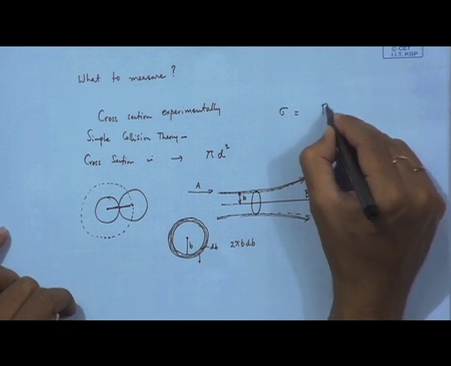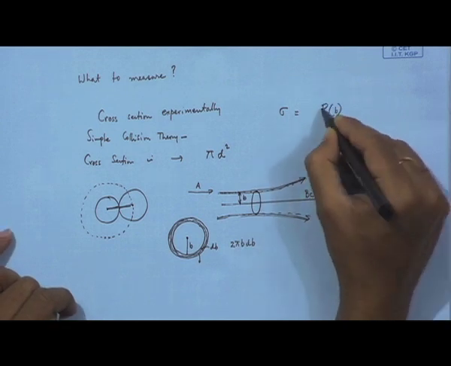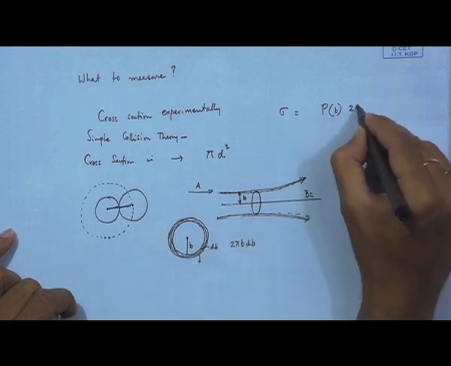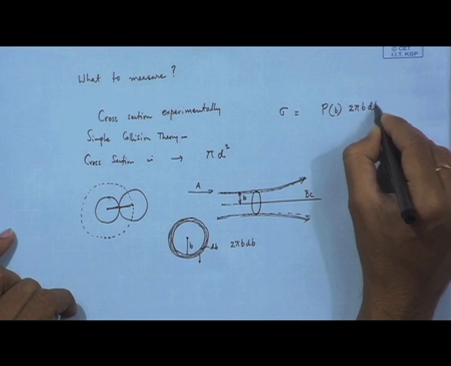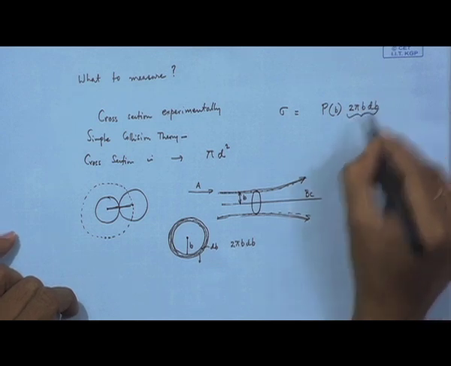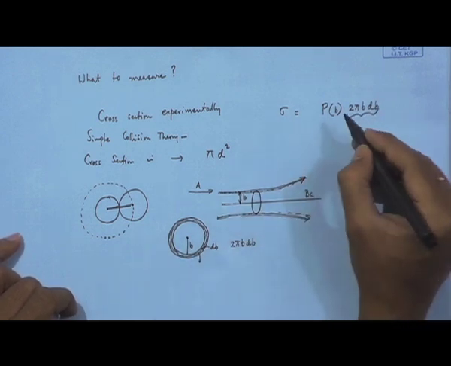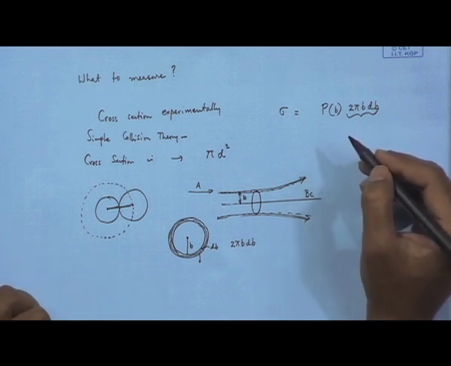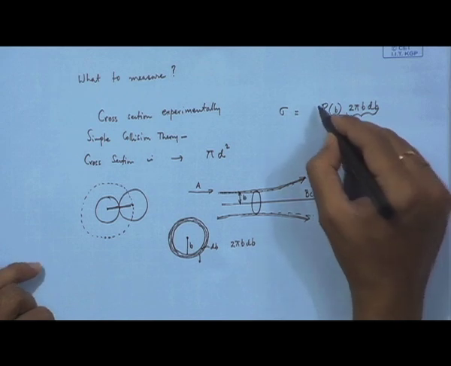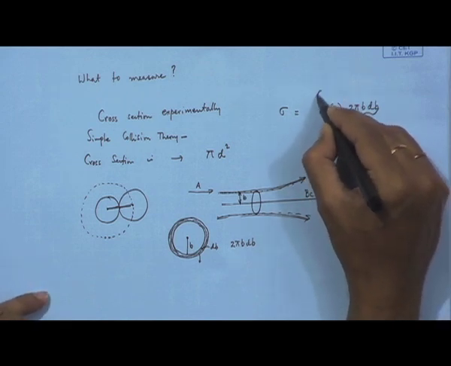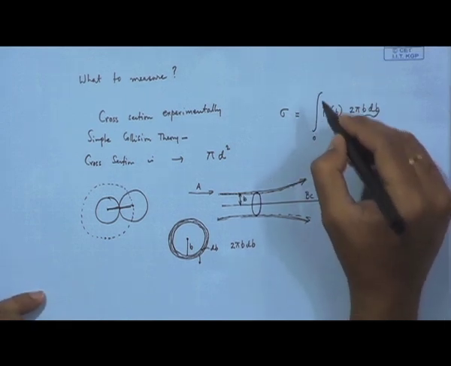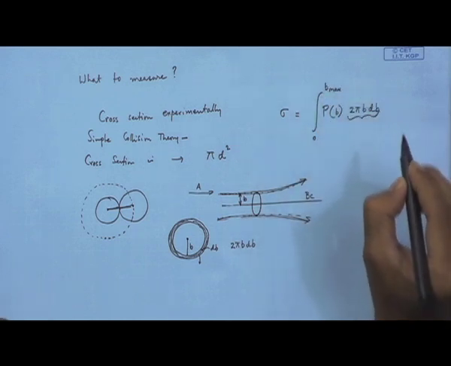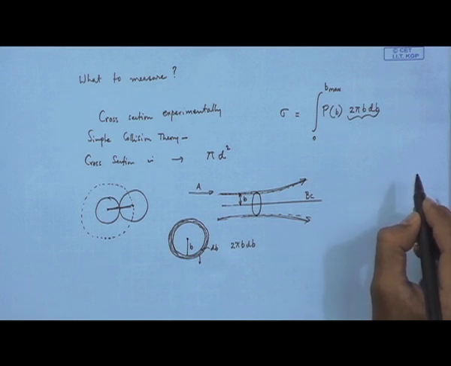So, P B, that is probability with B value, P B into 2 pi B d B. So, 2 pi B d B is this, then it is a probability factor, which is called the reaction probability, or it is called the opacity function, and you have to integrate from 0 to say B max, the maximum value of B that one can reach.